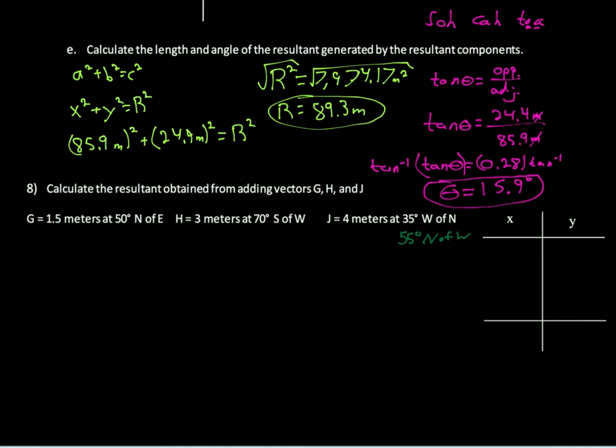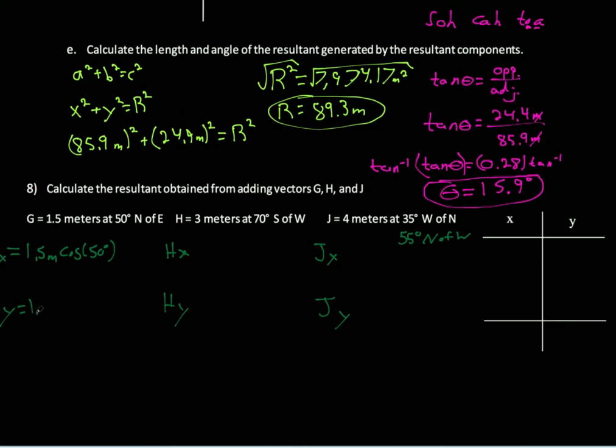So let's work out the components quickly. Let me write them all down: Gx, Gy, Hx, Hy, Jx, Jy. This is going to be 1.5 meters cosine 50 degrees.